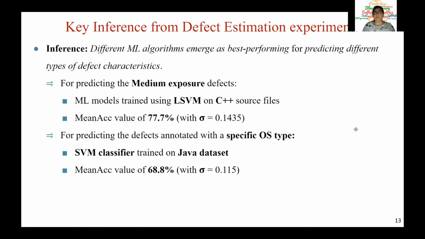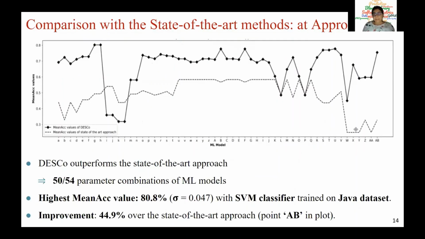One major key inference from our results was that different machine learning algorithms emerge as best performing for predicting different types of defect characteristics. This could be due to the different nature of programming constructs, usages, and data used for training the models. We compared our approach at state-of-the-art approach level and dataset level.